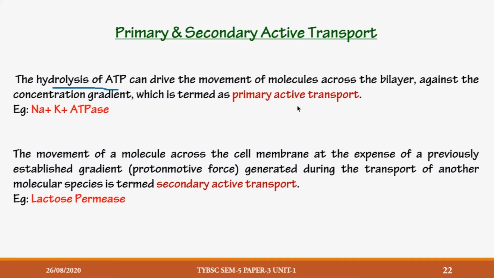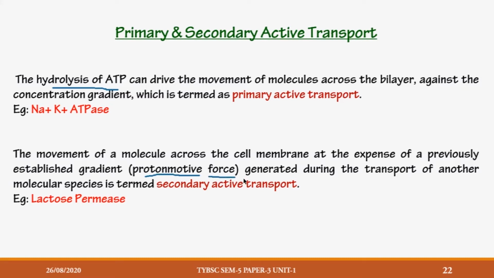And we understood that primary active transport requires hydrolysis of ATP, that is breakdown of ATP, and the energy which is released when ATP is broken down is used for transport of the solute.